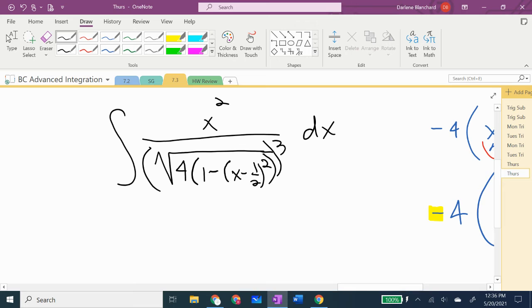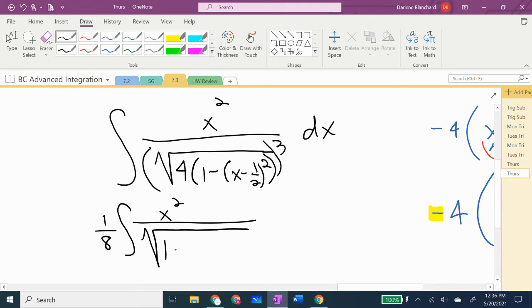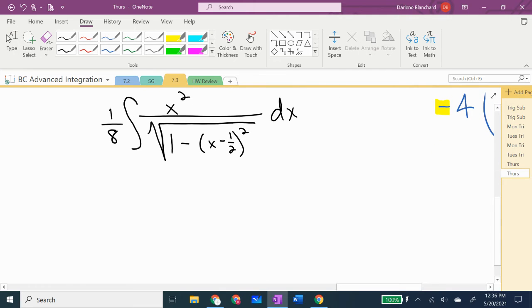All right. For the 4, I'm going to square root it and then cube it to get 1/8. And now I'm finally ready to begin my trig substitution.